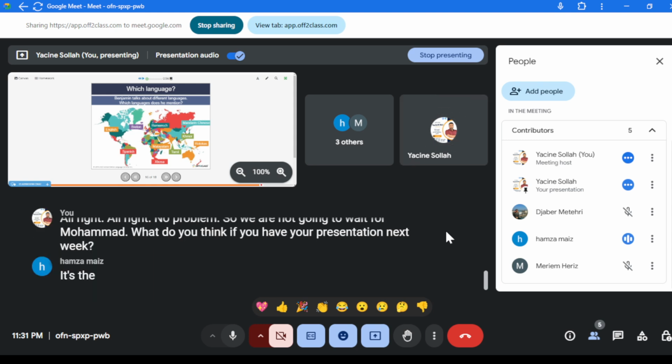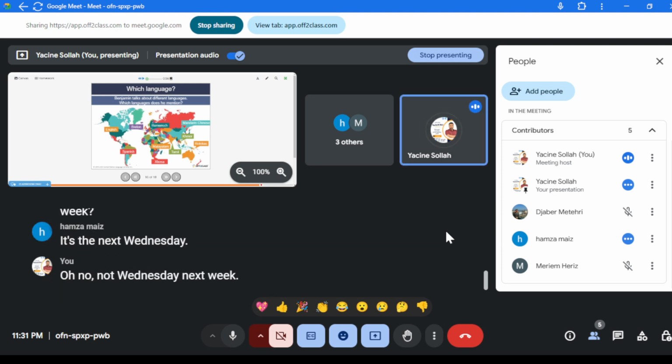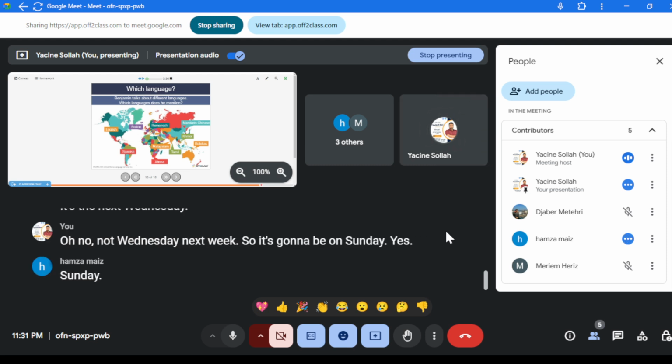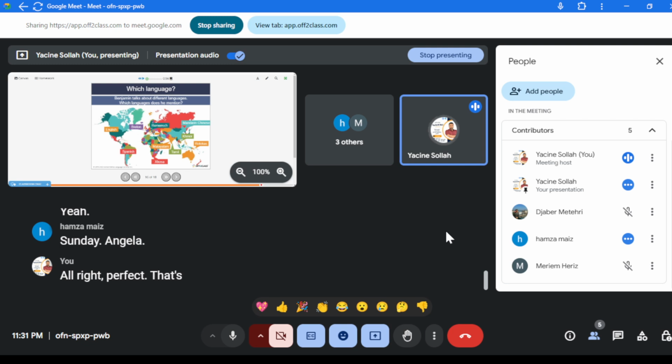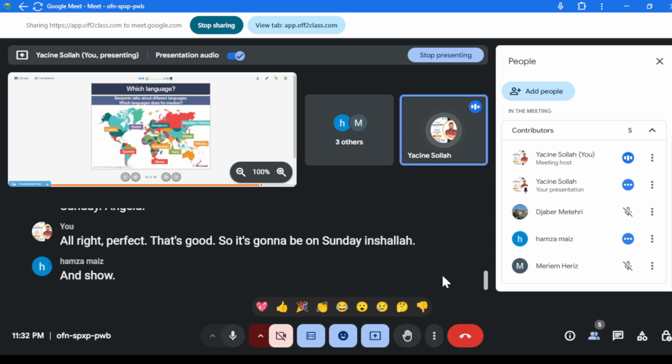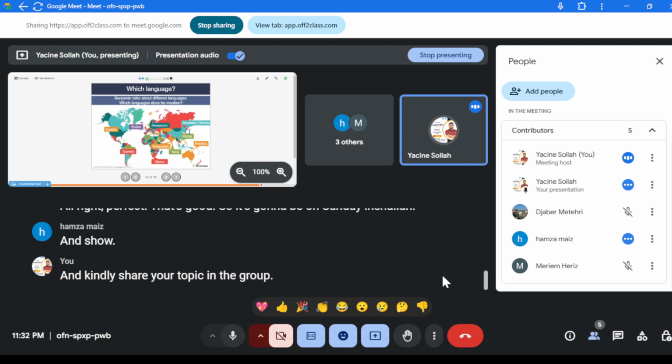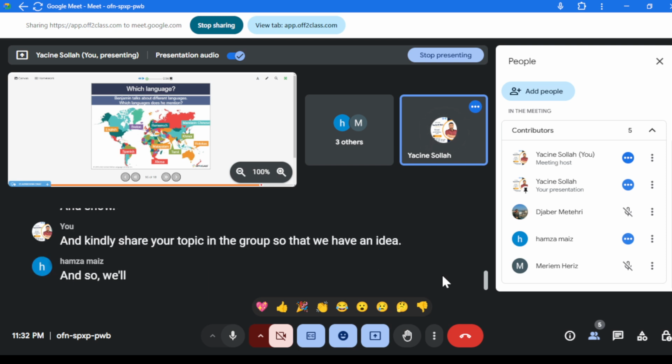It's next Wednesday. Oh no, not Wednesday. Next week, so it's going to be on Sunday. Sunday, yes, inshallah. All right, perfect. So it's going to be on Sunday, inshallah. And kindly share your topic in the group so that we have an idea.